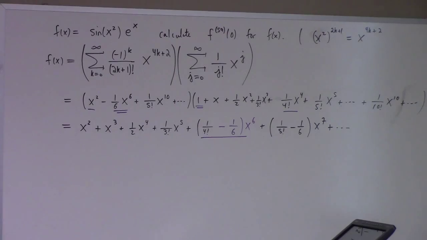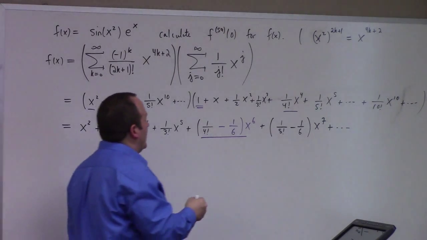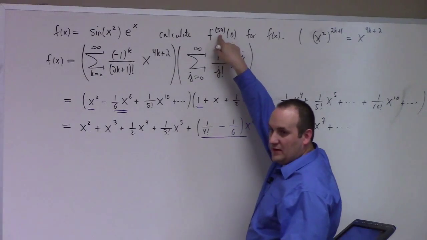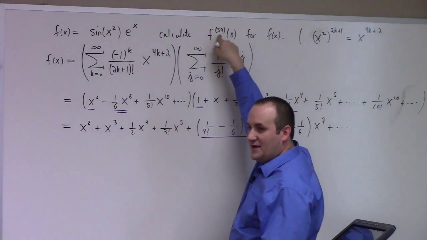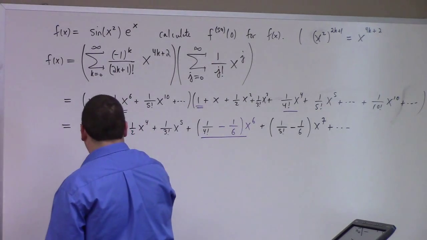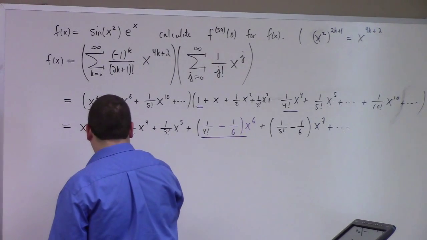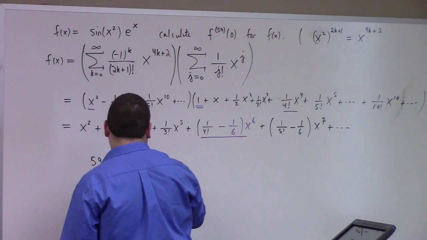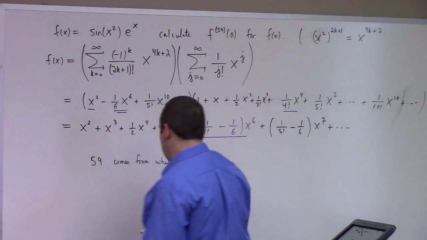All right, so getting back to my insidious question, the 59th power, how can we possibly get a 59th power? Let us count the ways. How can you get 59?